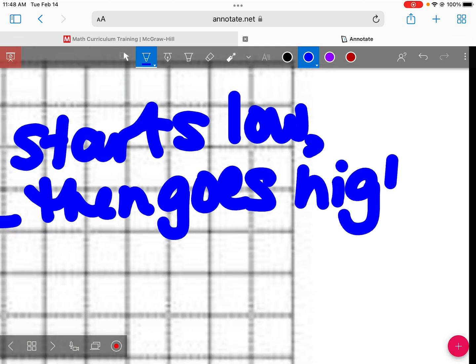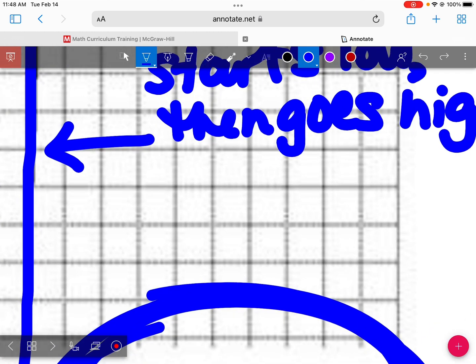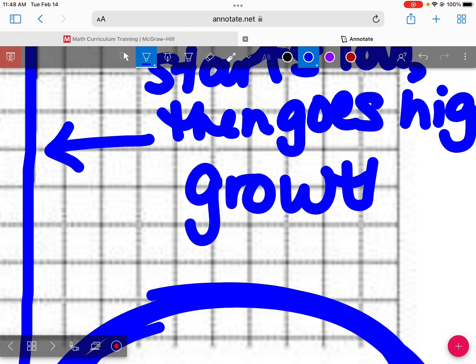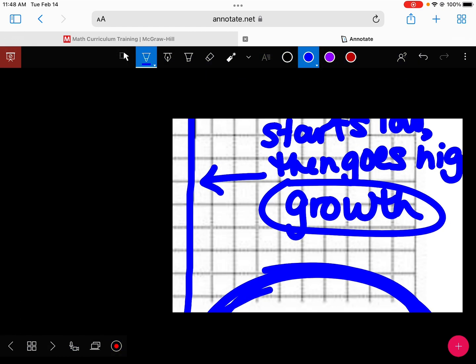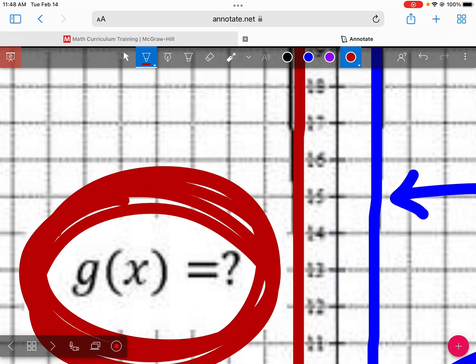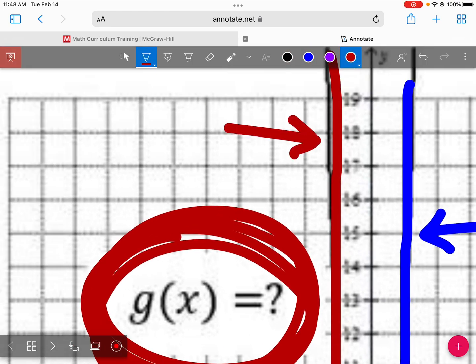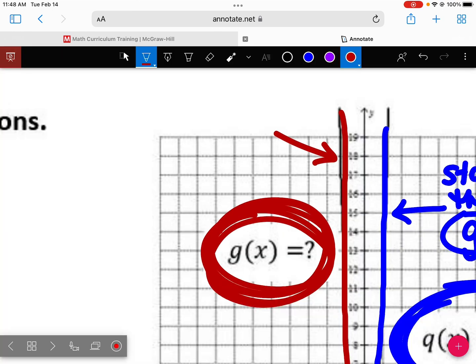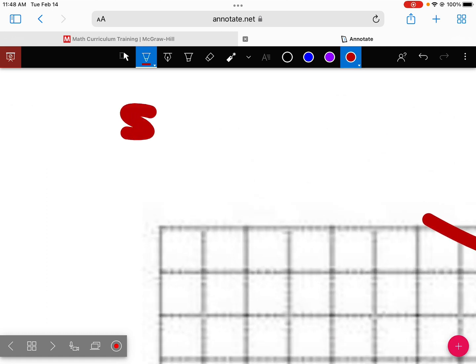So would that be growth or decay if it starts off low and then goes up high? This is growth. So what about G of x? What about the red one? Would that be growth or would that be decay? Decay. Why? Because it starts high, goes low.